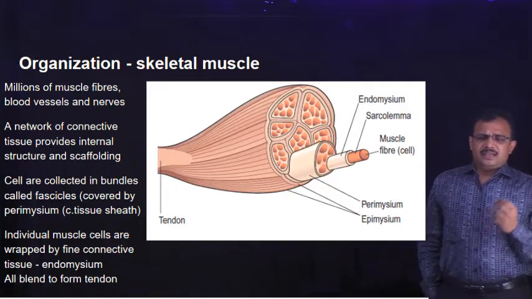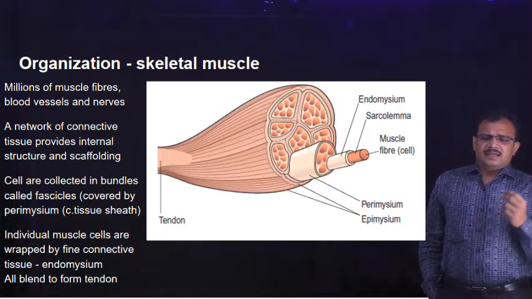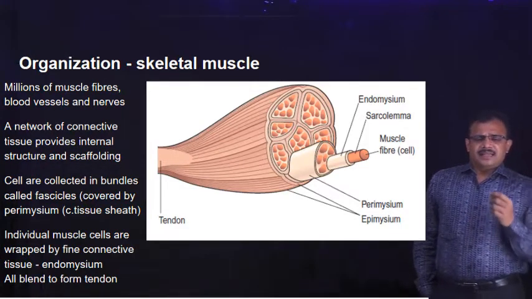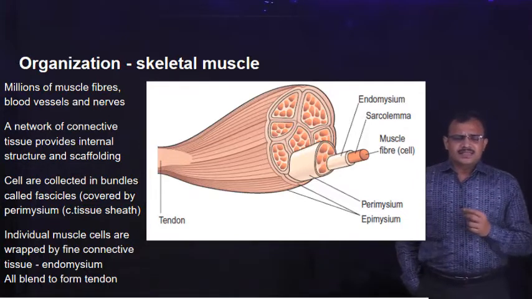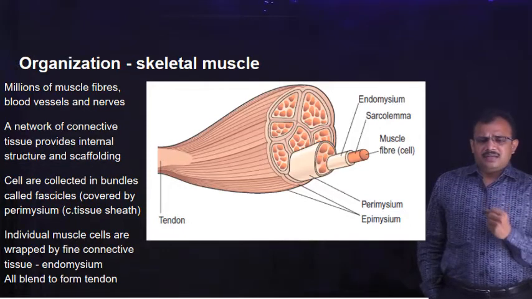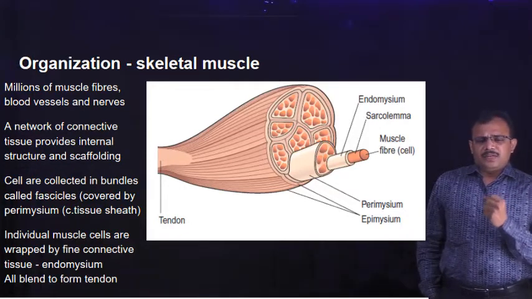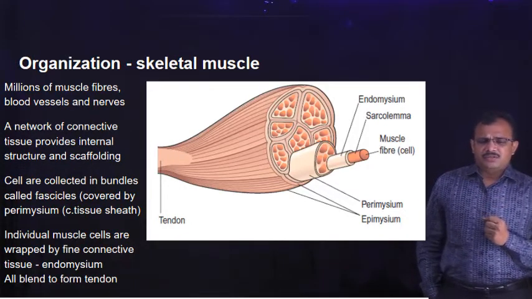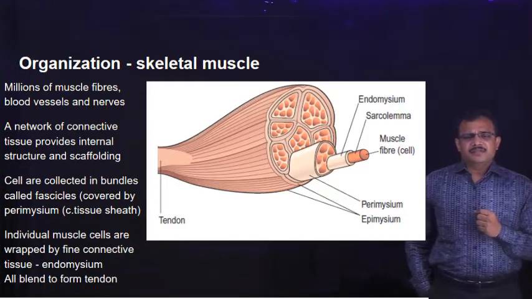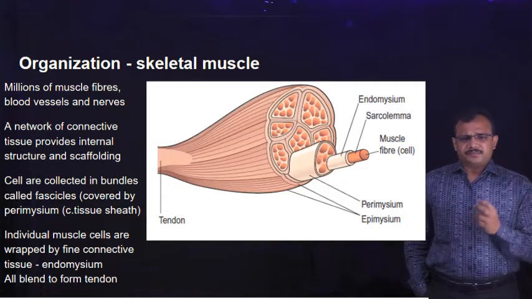In this way, the connective tissue sheaths run throughout the length of muscle cells, and at the end of these muscles, the connective tissue sheaths get coiled to form a tube-like structure called a tendon, and this tendon is the one which gives attachment to the bone.